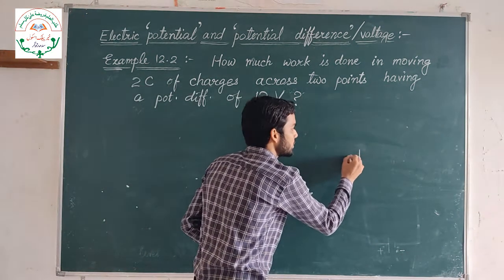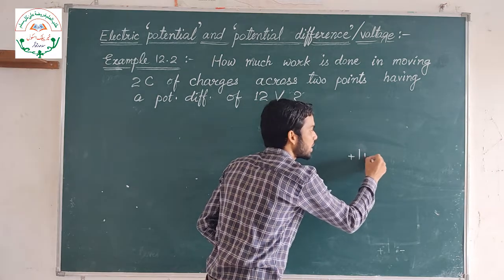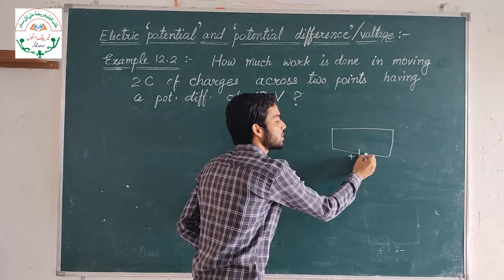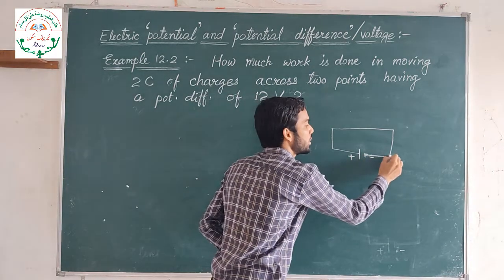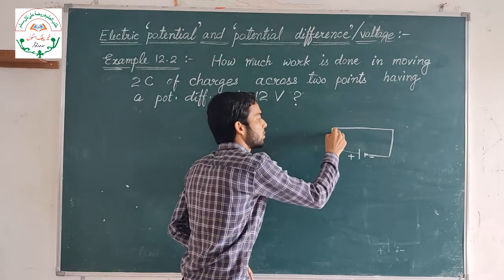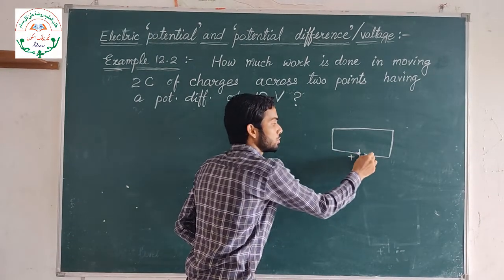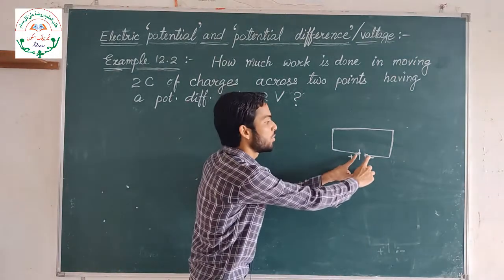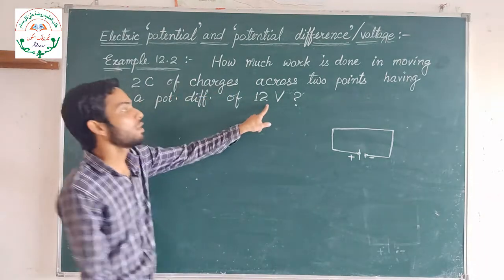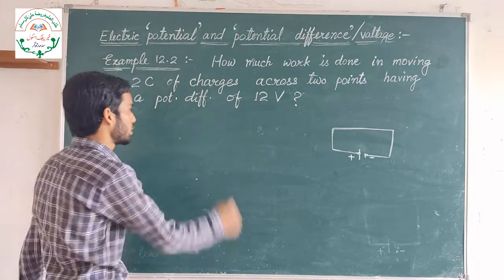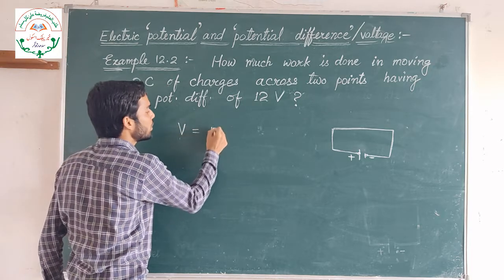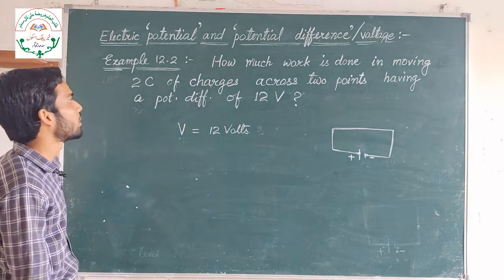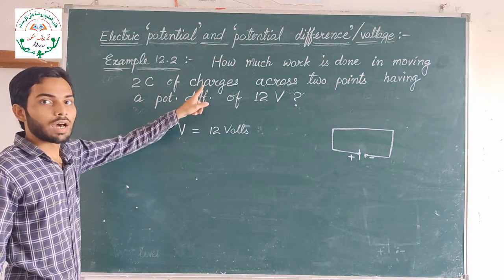Basically, suppose this is the positive terminal of the cell and this is the negative terminal. 2 coulomb of charges are moving from this point of the cell to this point. So the potential difference between these 2 points is given here: 12 volts. Potential difference or voltage is equal to 12 volts, and the charges are given here.